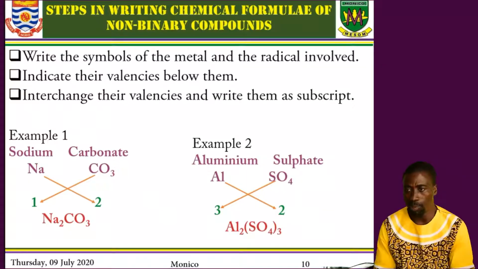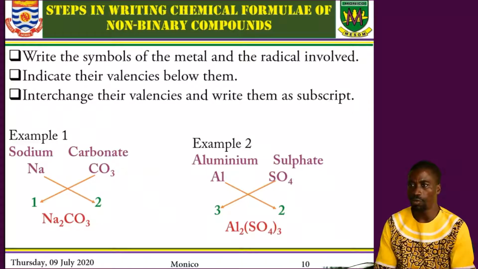You see, there is a possibility for you to just add the 3 to 4 and write Al2SO7. Somebody will also just multiply and have Al2SO12. Right.